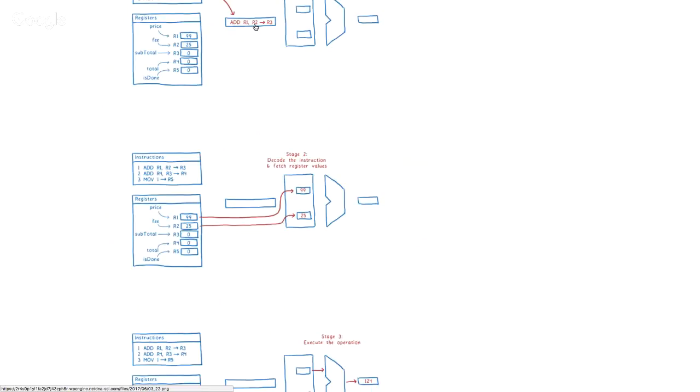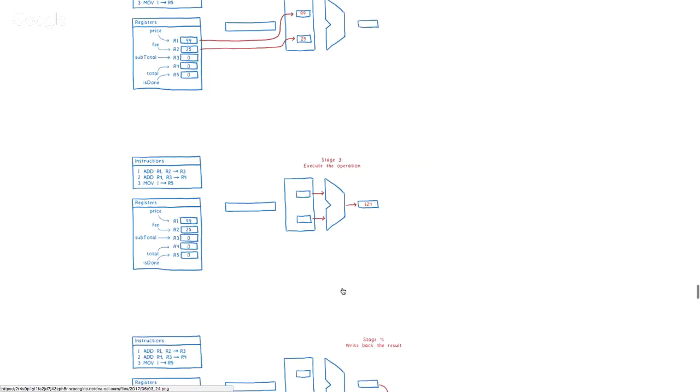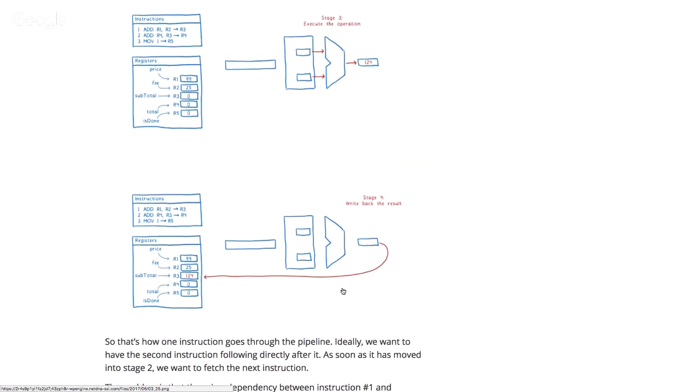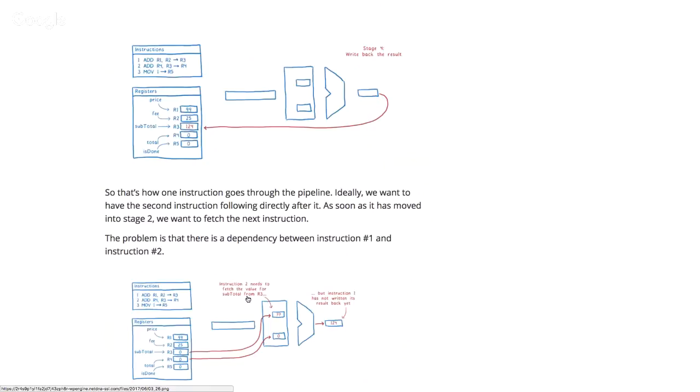Basically, what kind of operation it needs to perform, and on what values does it need to perform this operation is the second stage. It'll decode and fetch the register values. And the third one is it'll execute that operation. That will happen in the ALU. And then the fourth stage is write back the result to the register. So that's how one instruction goes through the pipeline.